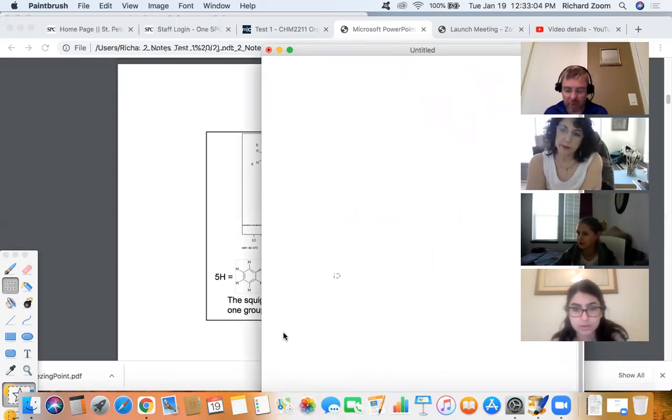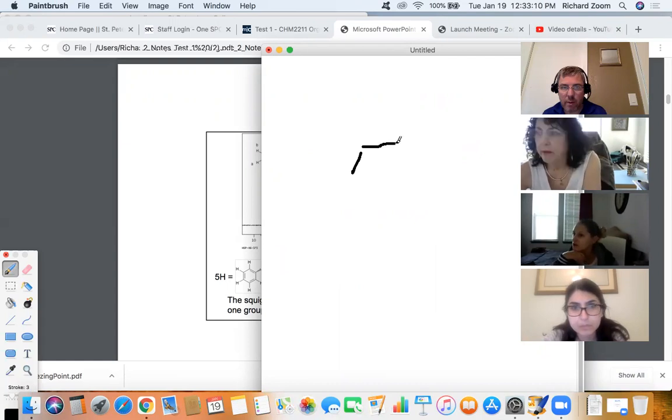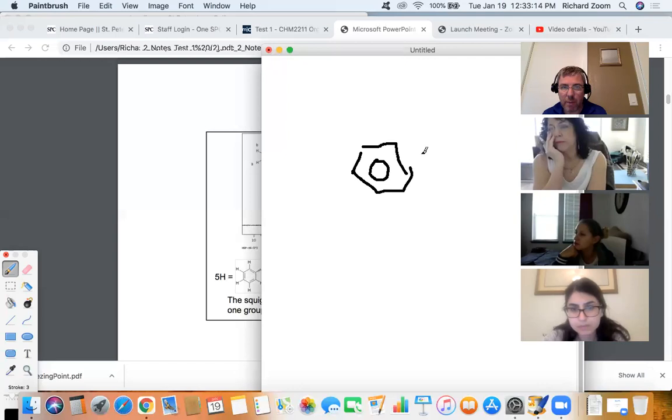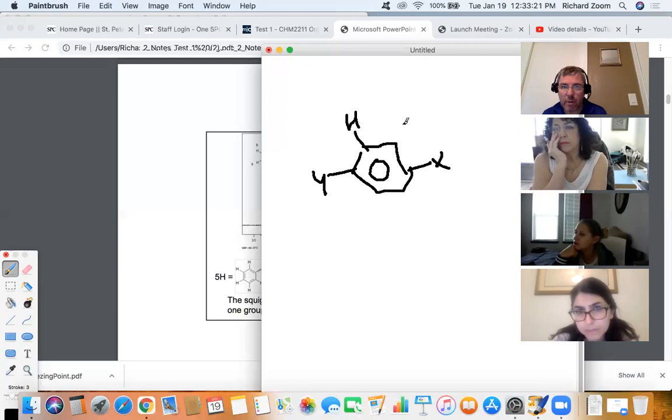You should be able to see my screen here. There are actually 3 possibilities, but I'm going to show you. This is what I'm talking about with 4H usually.